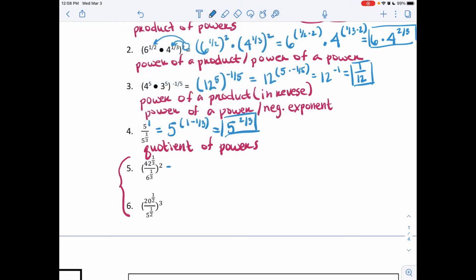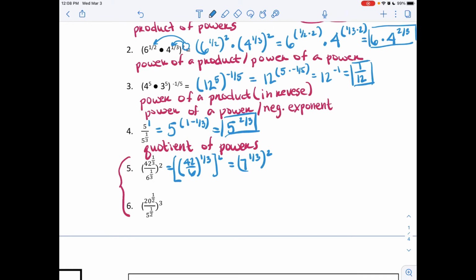I can rewrite the inside as 42/6 raised to the 1/3 power. Now I still have that 2 on the outside, but 42/6 is 7, so 7 to the 1/3 power, and then the 2.